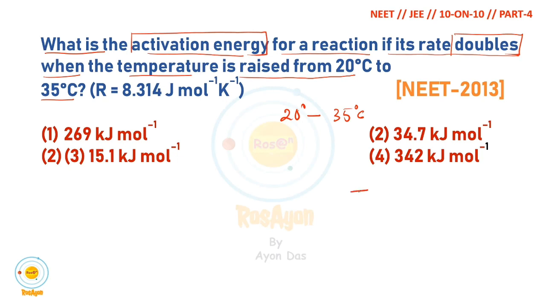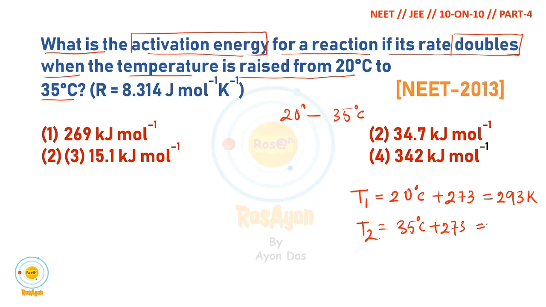Now here the temperature rises from 20 to 35 degrees Celsius. That means T1 equals 20 degrees Celsius. If you convert it into Kelvin, you add 273. That means T1 equals 293 Kelvin and T2 equals 35 degrees Celsius plus 273, that equals 308 Kelvin.